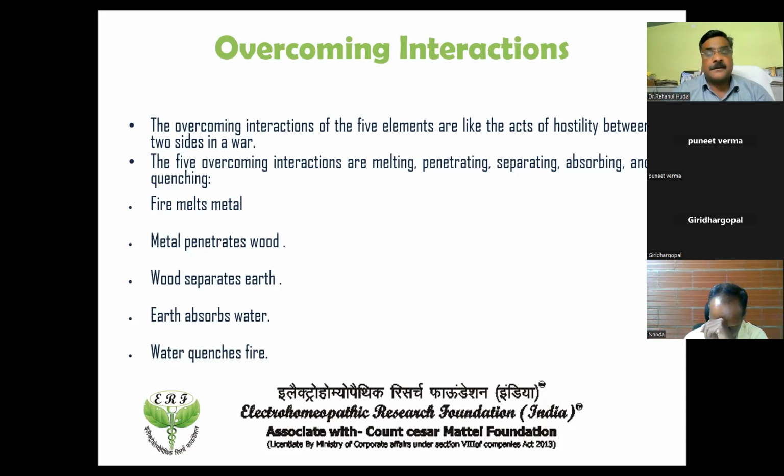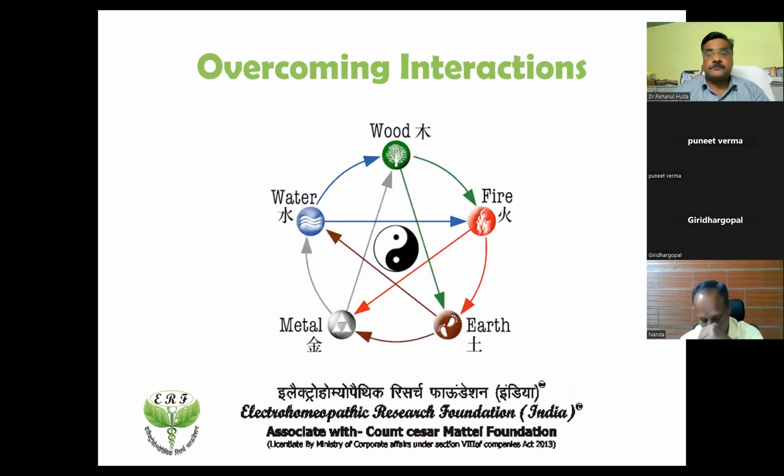Metal penetrates wood: if wood is more, metal penetrates wood. Earth absorbs water: if water is more, earth controls water. And if fire is more, then water quenches fire. Like that, in this chart, you can see.